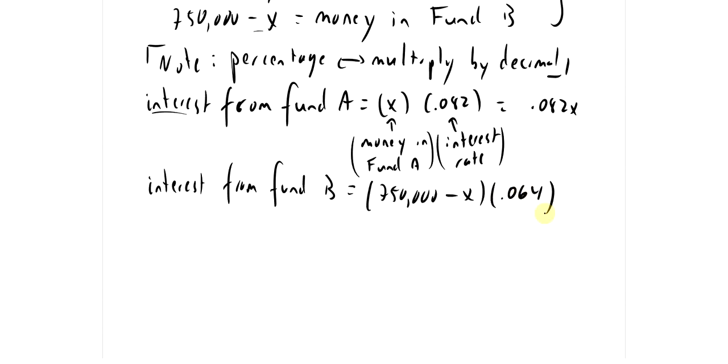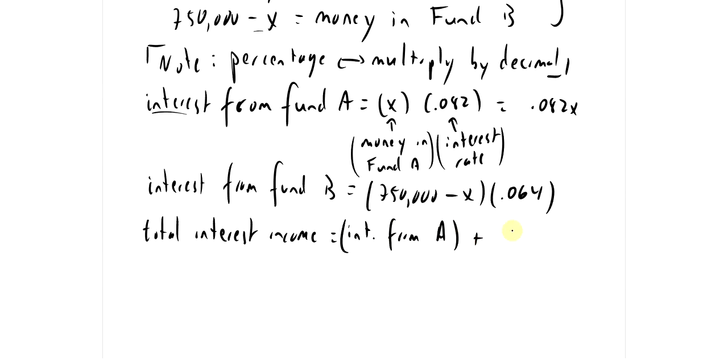So that's the interest from Fund B. So total interest income equals interest from A plus interest from B. Great, so the total income that you get has to be the interest from Fund A, that's this amount, plus the interest from Fund B, that's this amount.